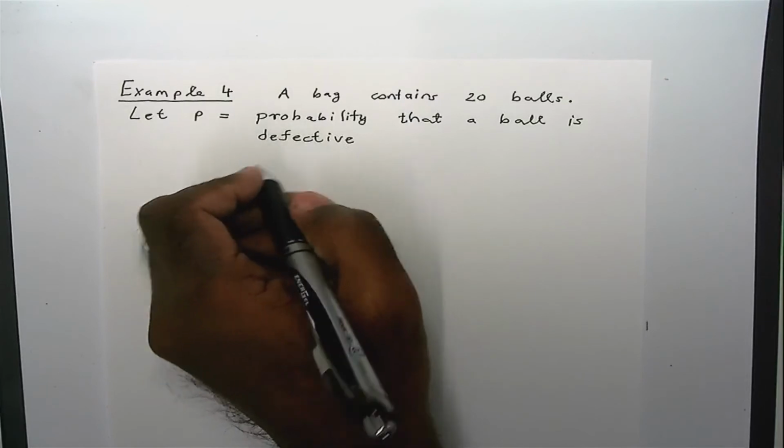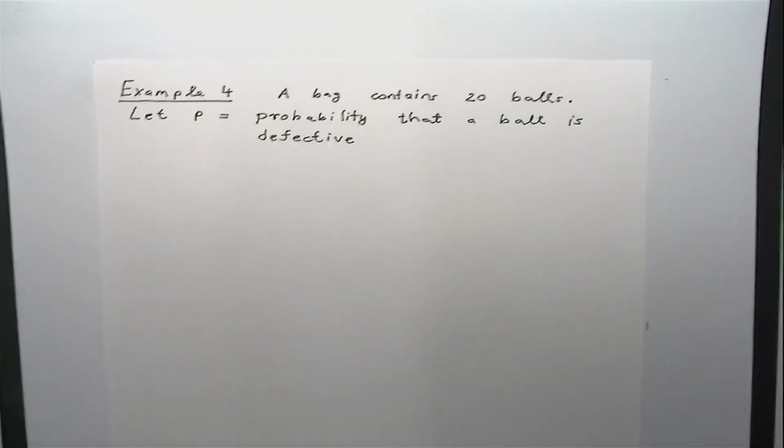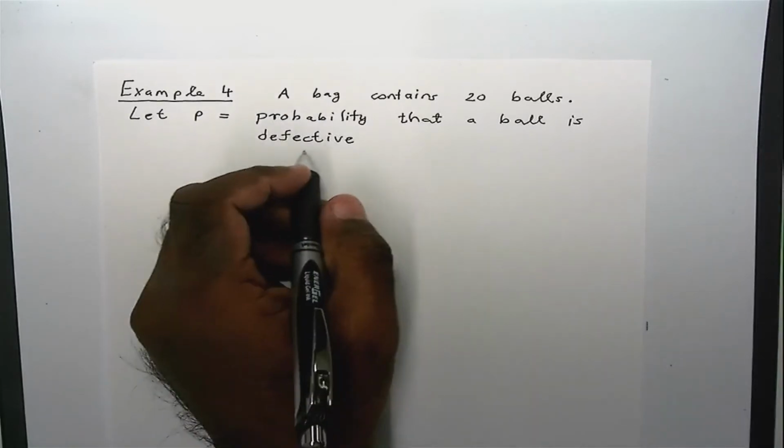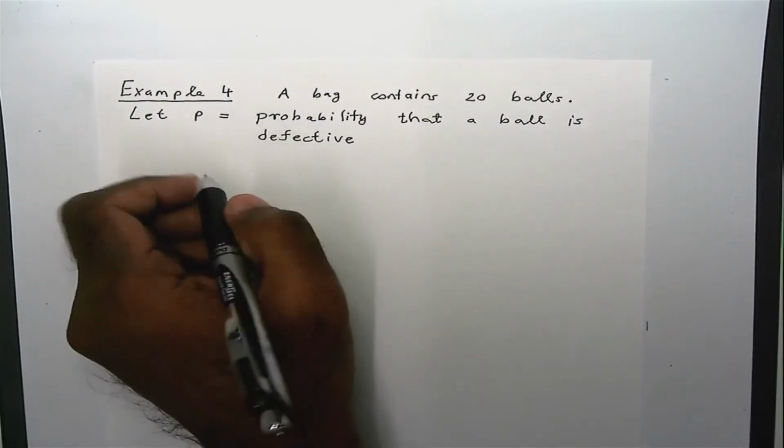So basically you have 20 balls in a bag and you're choosing one at a time, and let P denote the probability that a chosen ball is defective.